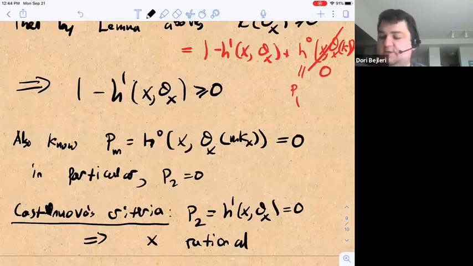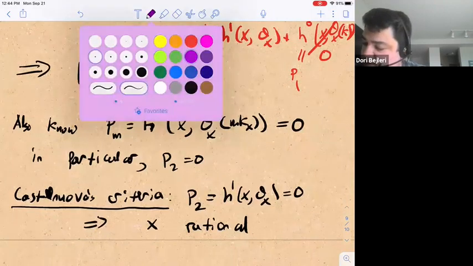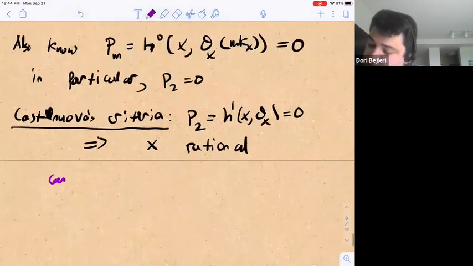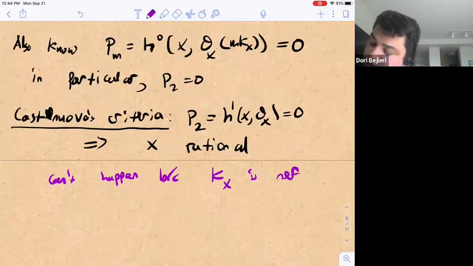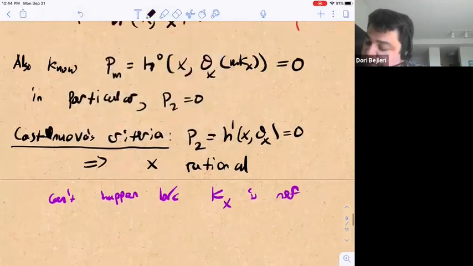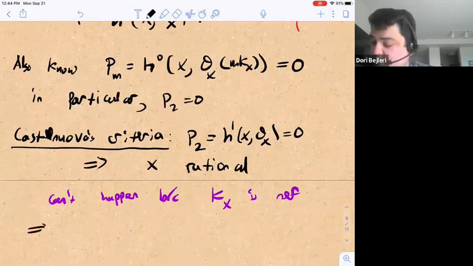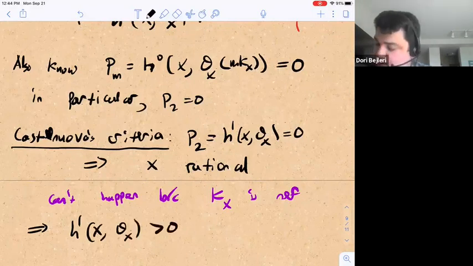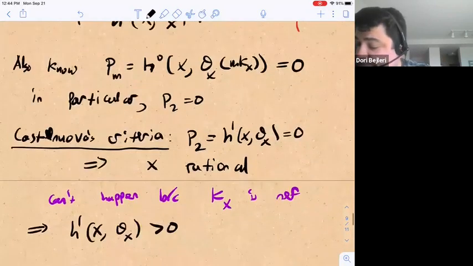So if it's rational, it has to be P2 or a P1 bundle over P1, and in both those cases, the canonical is not nef. So this can't happen, because Kx is nef. Since we know P2 has to be 0, that tells us that h^1 can't be 0. And then our inequality tells us it has to be at most 1, so it has to be exactly 1.